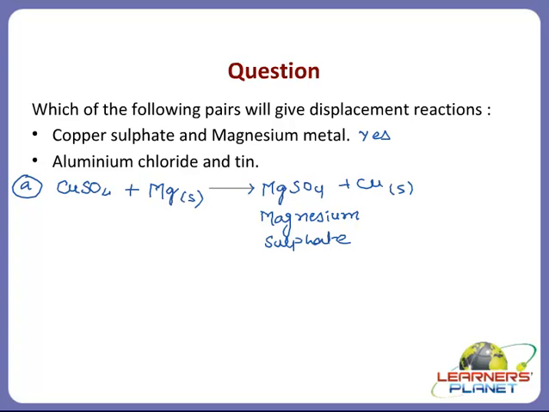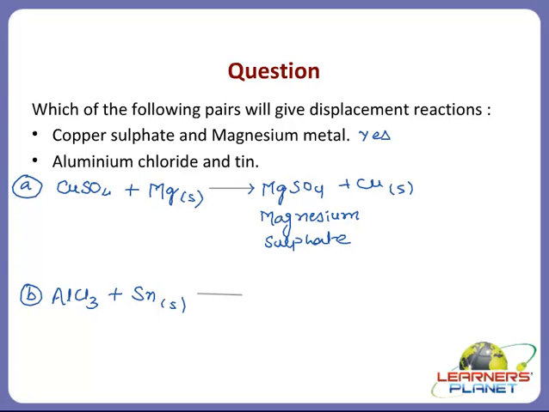So what I can write here is, now what is the next thing? Aluminium chloride and tin. Now again, aluminium chloride, what will be the formula? AlCl3. And what is the formula of tin? Sn, solid. Now here, which is more reactive, children? Which comes above in the reactivity series and which comes below?